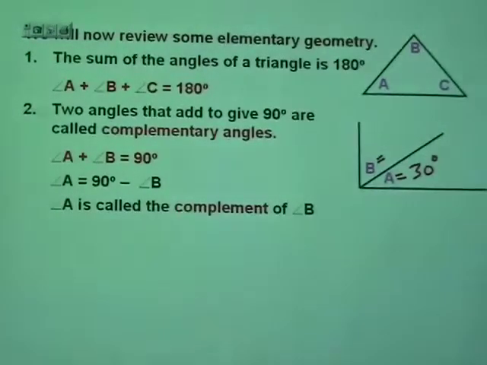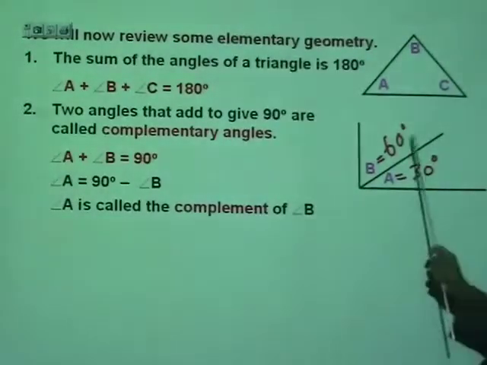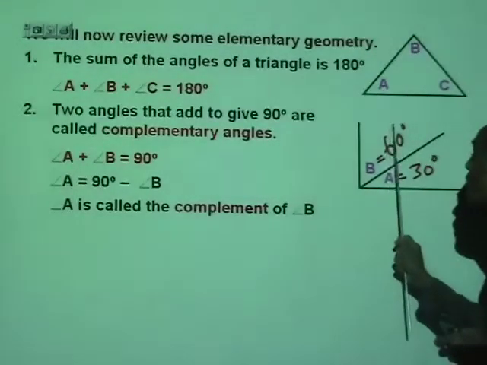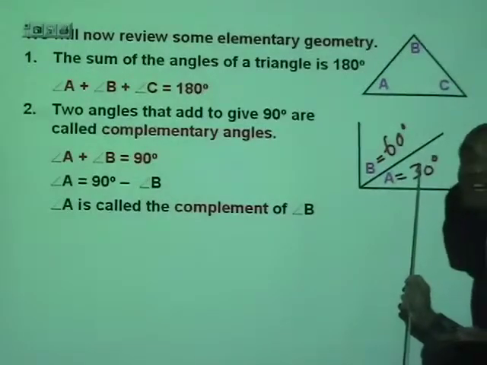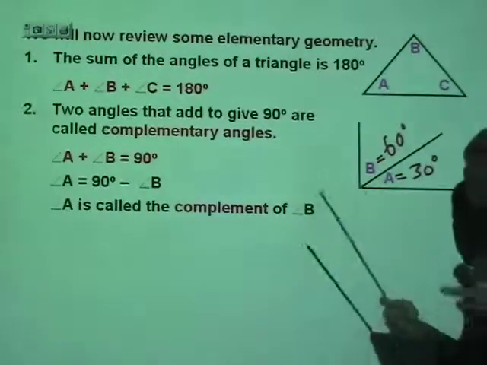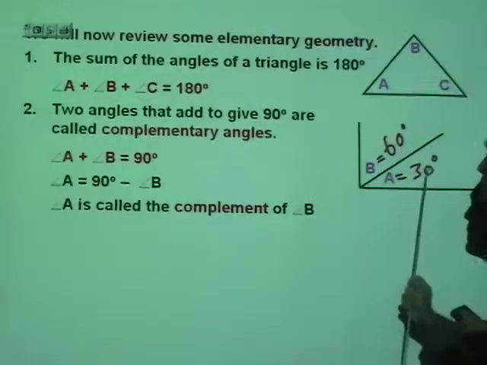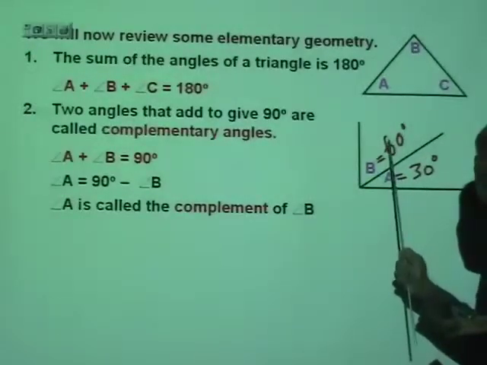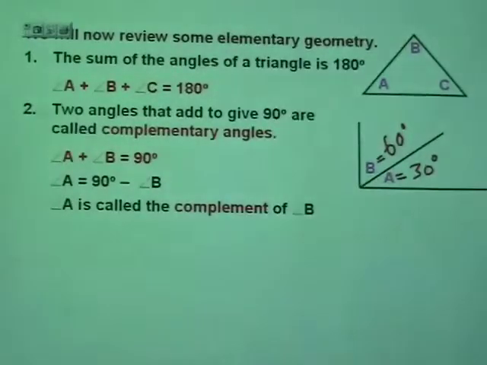That will be 60 degrees. You see that? So that means 60 degrees is the complement of 30 degrees. You can also say the other way around. 30 degrees is the complement of 60 degrees.